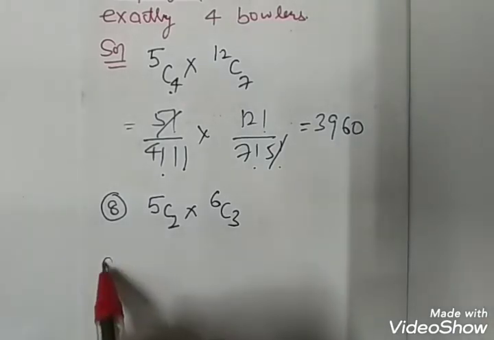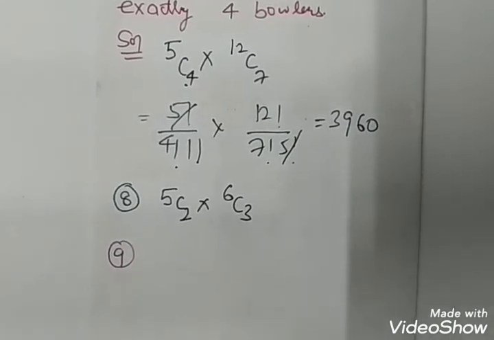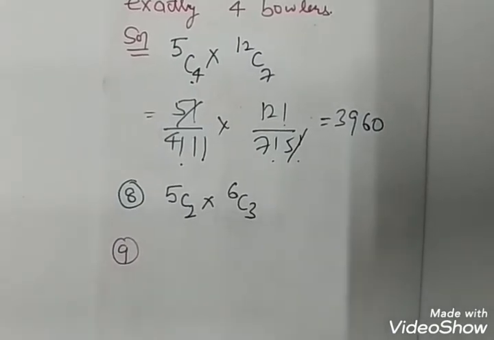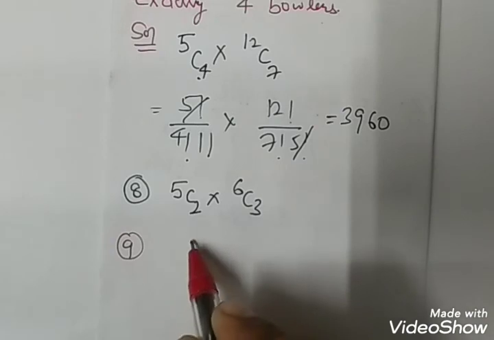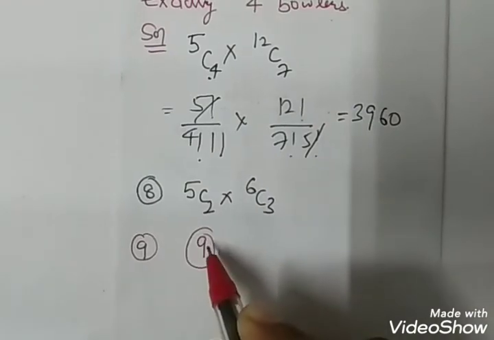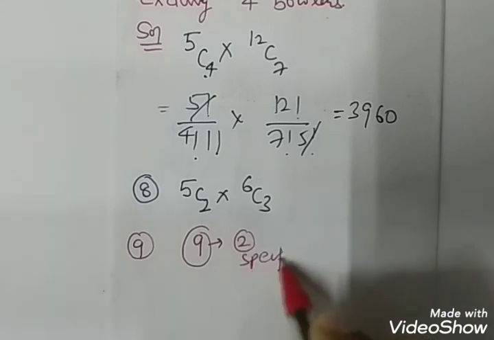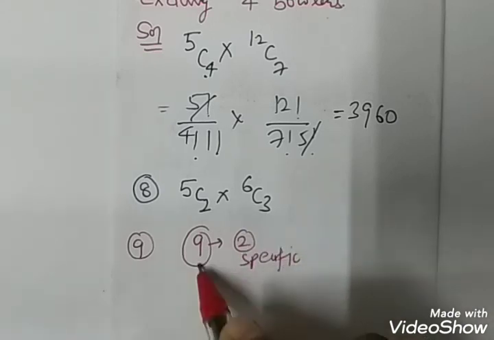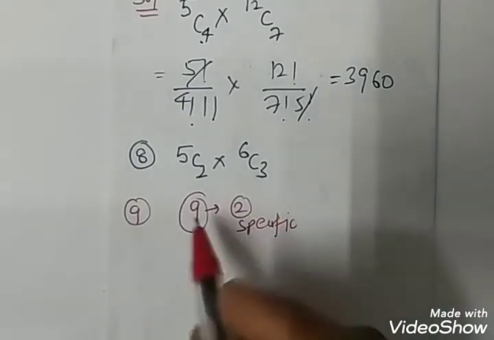Question number 9 is the last question that I am doing for you. It says, in how many ways can a student choose 5 courses out of 9 courses available, where 2 are specific. See, total courses available are 9. We have to pick 5 courses.